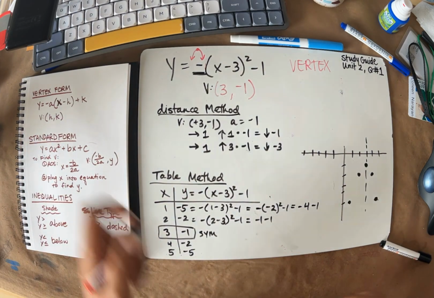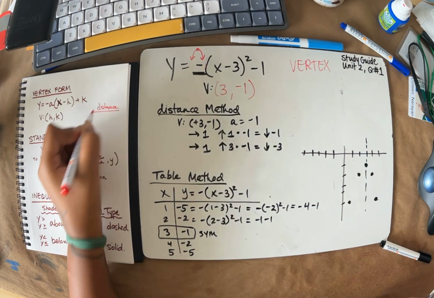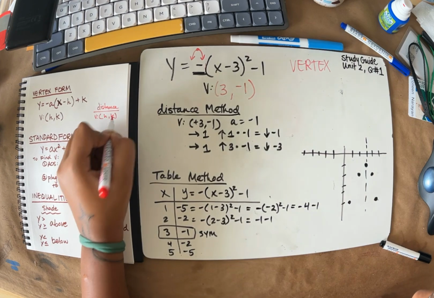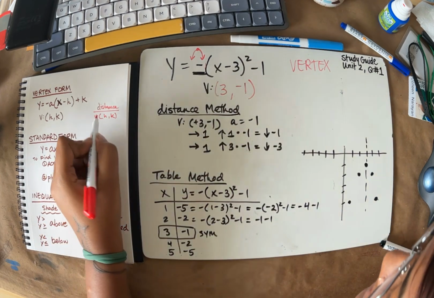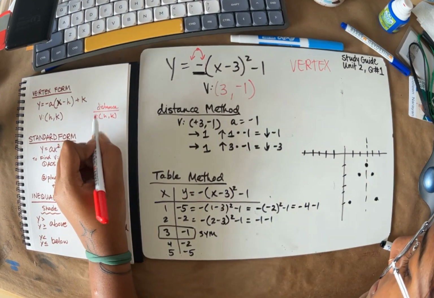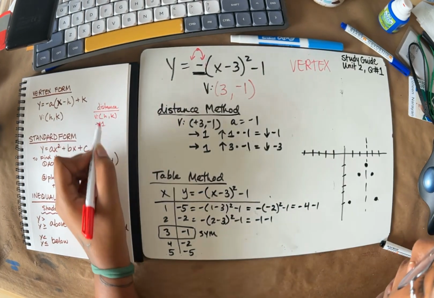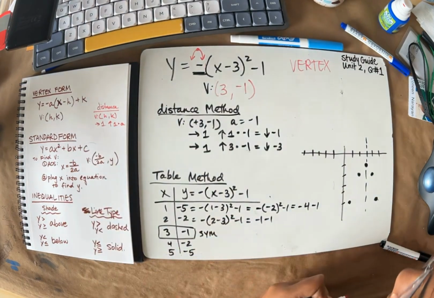So I'm going to put this in here. For our distance method, we start with our vertex, h comma k, or if we have a standard form, we have to find it ourselves. So whatever our vertex is. And then we always go right 1, and then we go up 1 times our a value.